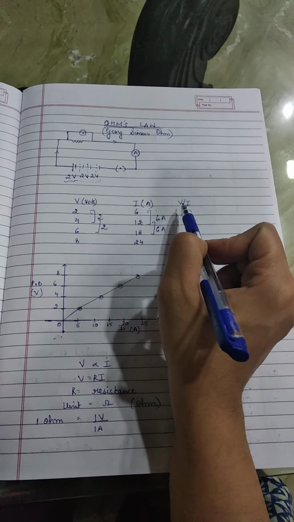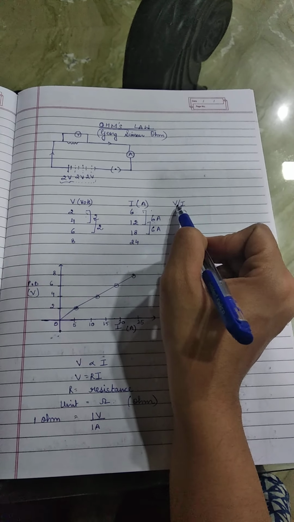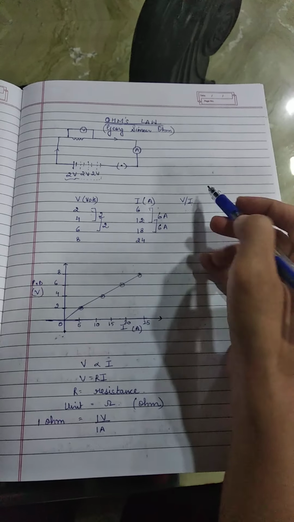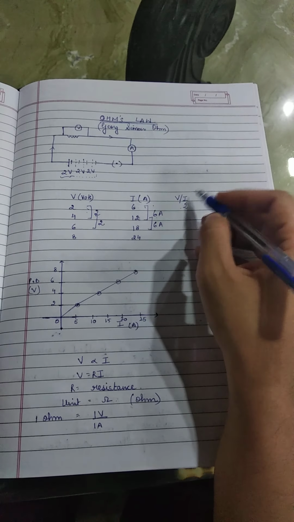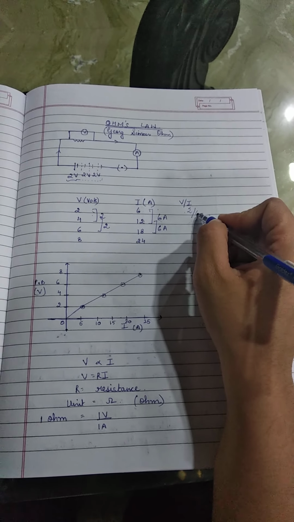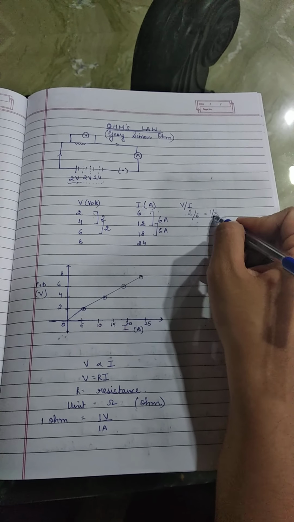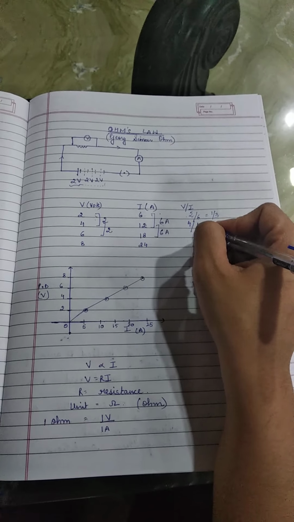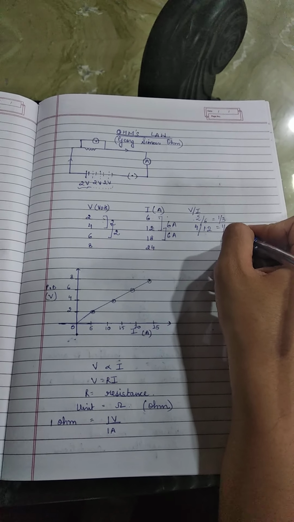So what will happen when we take out the ratio of V and I? It will come out to be constant. How? If I take V as 2 and I as 6, this ratio is 1 by 3. Likewise, if I take 4 and 12, this is again 1 by 3.